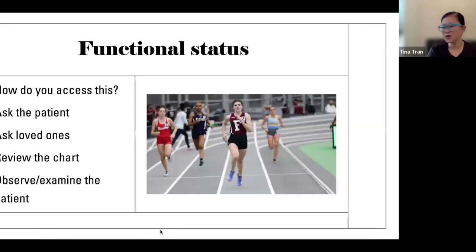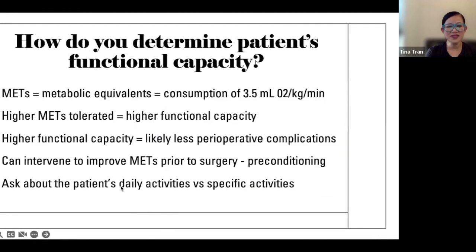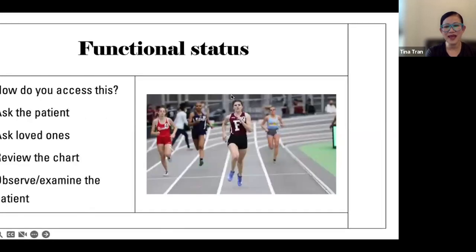To understand, as I think one of your colleagues stated, their METs. So a combination of all the things that were presented: asking the patient, their loved ones, reviewing the chart, observing and examining the patient. It's interesting. I love to look at my patients, and when they ask to walk to the bathroom, that's really my way of directly observing their physical stamina.